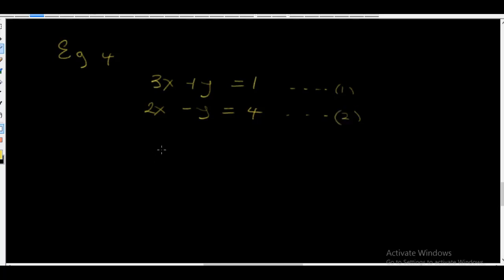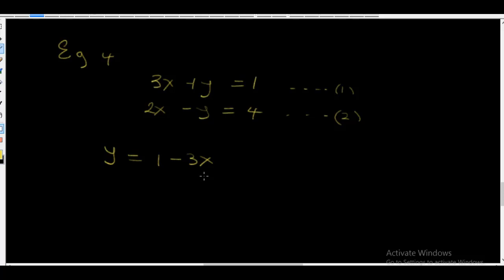We are using the substitution method to solve this simultaneous equation. From equation 1, y therefore is equal to 1 minus 3x. From equation 1, you can see that y is automatically equal to 1 minus 3x.